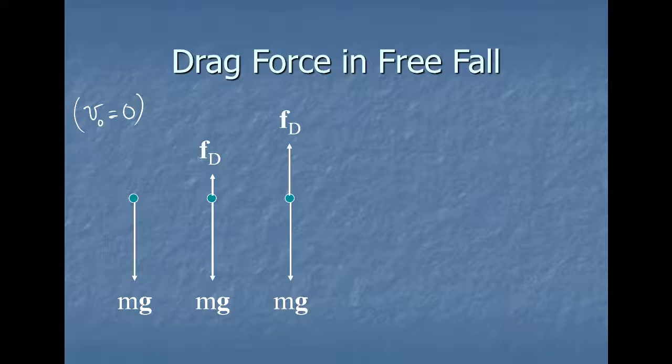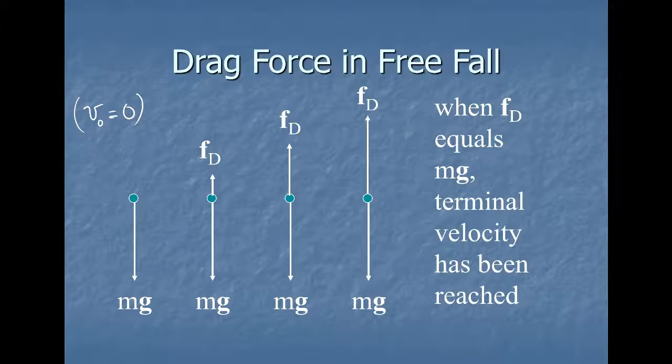But as time goes on, this drag force increases in magnitude. Eventually, the drag force Fd is going to equal mg, and we say that we achieve terminal velocity because the net force is 0, and therefore the acceleration is 0. At this point, the drag force is equal to mg.